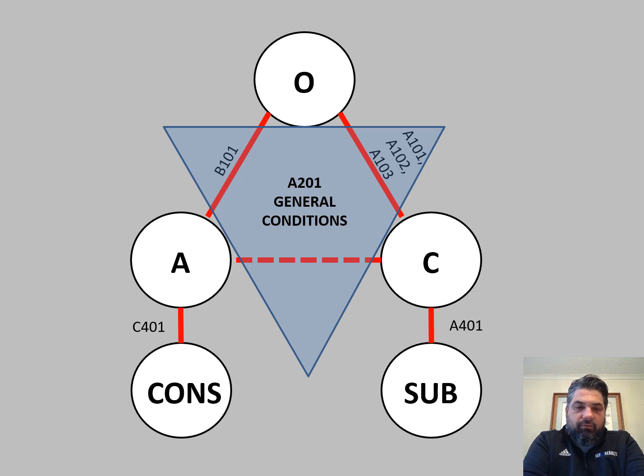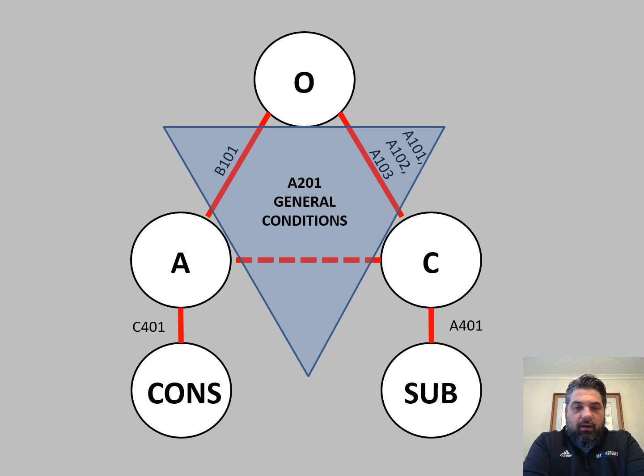The general conditions for construction govern how each of these contracts and the relationship between the architect and the contractor relate to each other. That allows for an explanation of how all these contracts meld together.